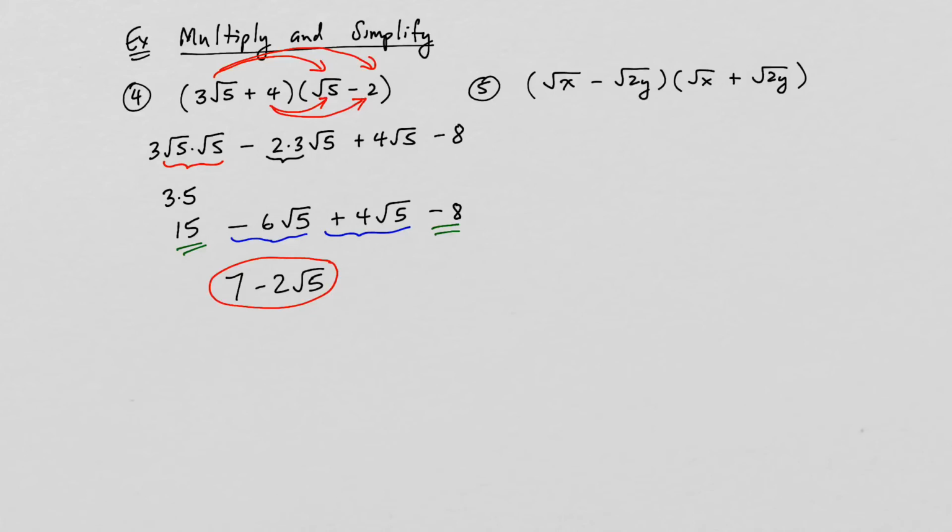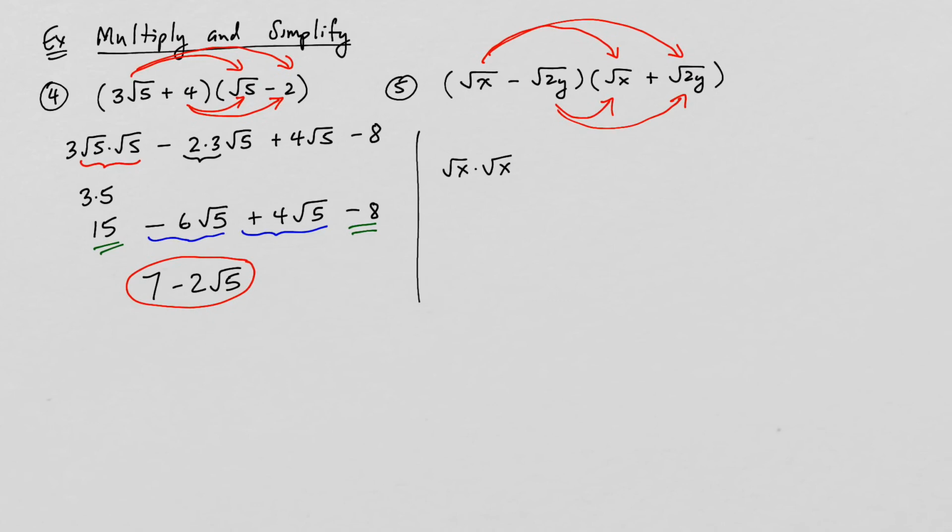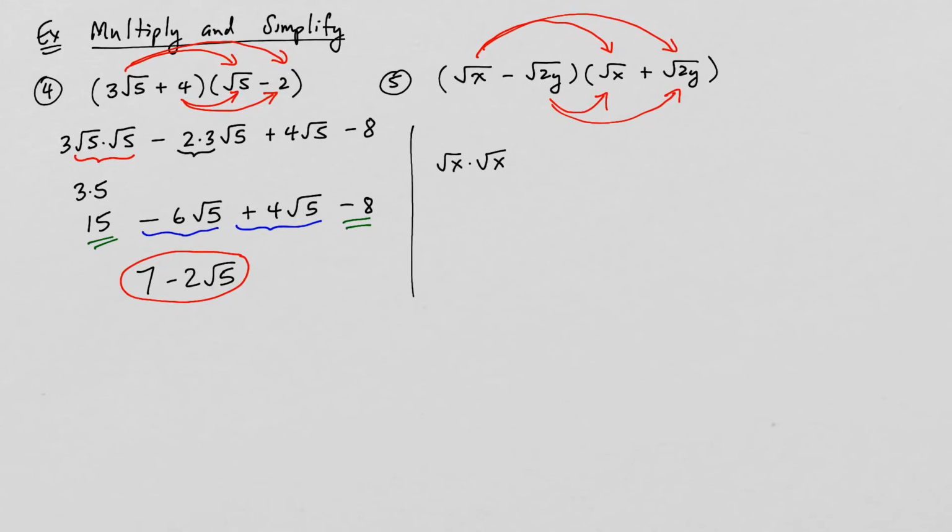Okay, so for our next problem, we're going to, once again, FOIL. So this is going to give us radical x times radical x. And then we have plus radical x times radical 2y.